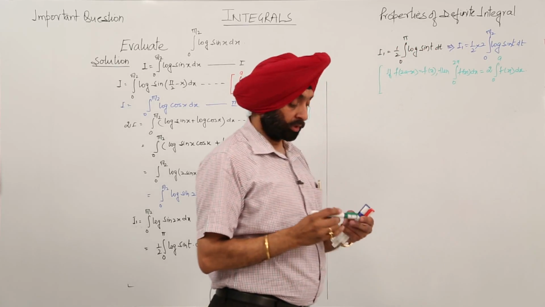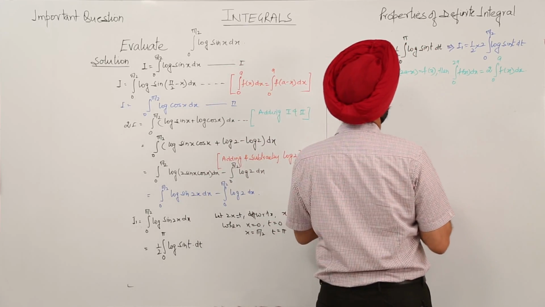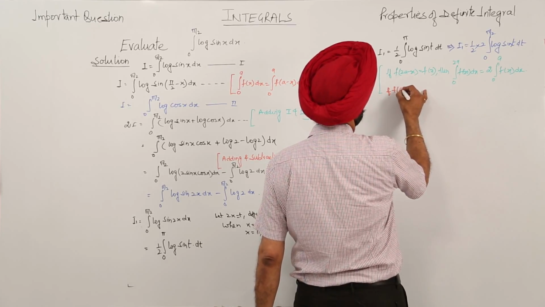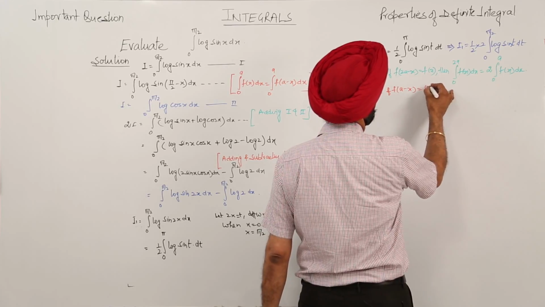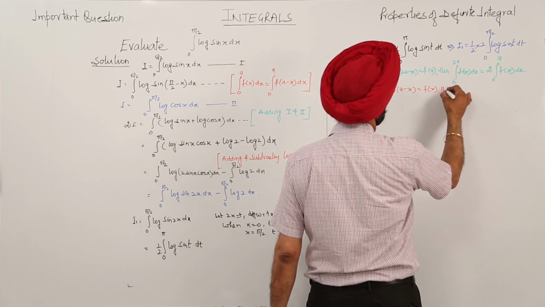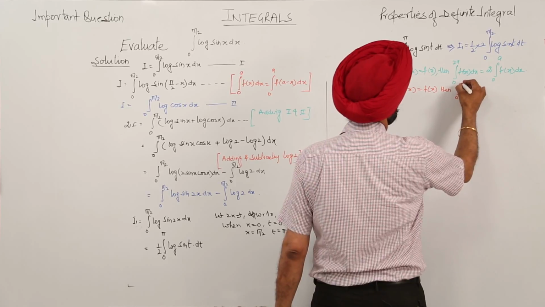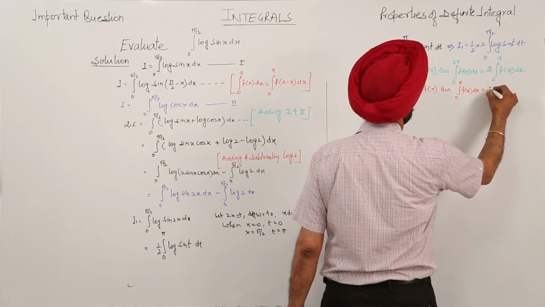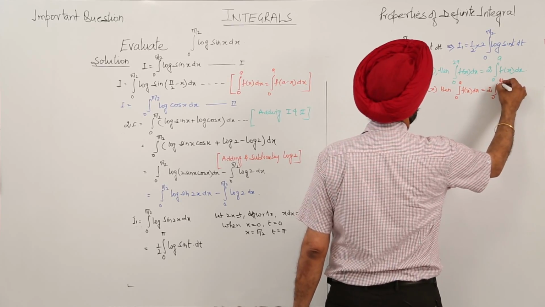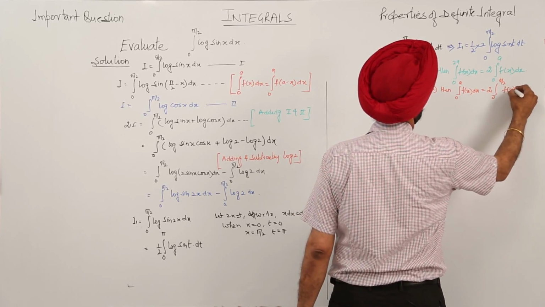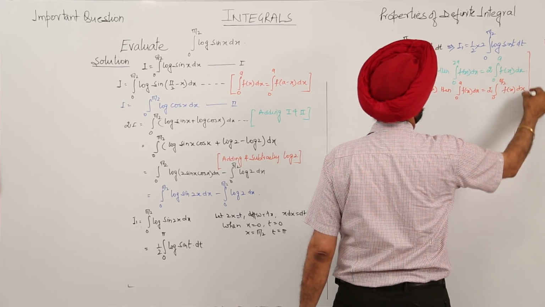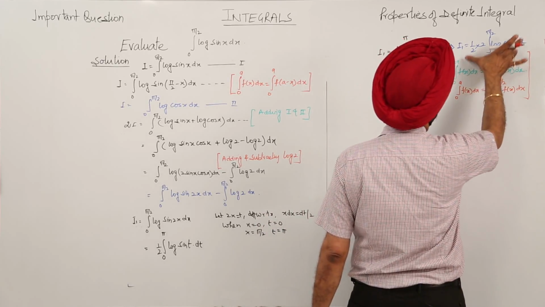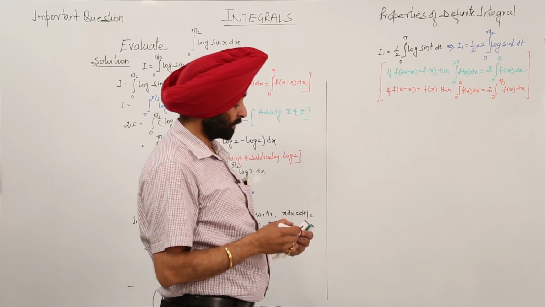Using this property, we have written that if f(a minus x) is equal to f(x), then 0 to a f(x) dx is equal to 2 times 0 to a by 2 f(x) dx. So we have used this property for this particular region. Is it clear?